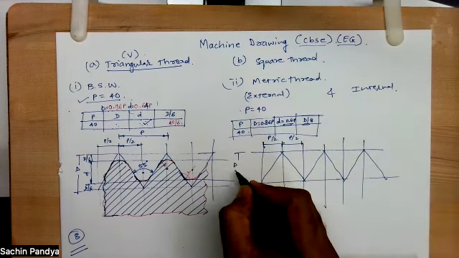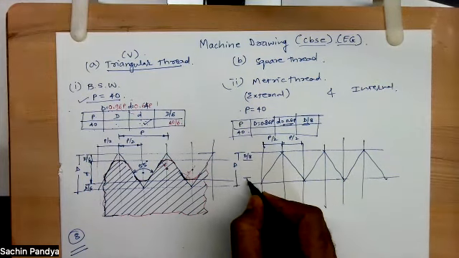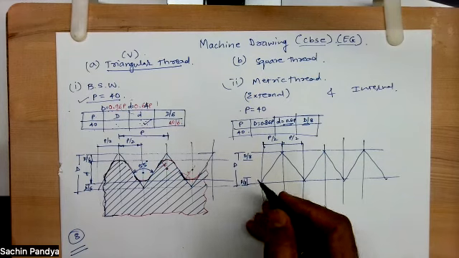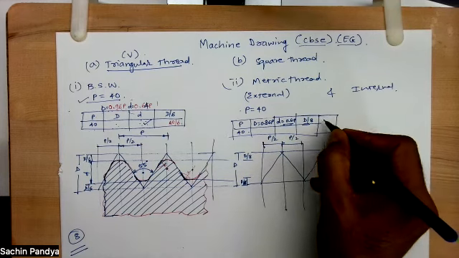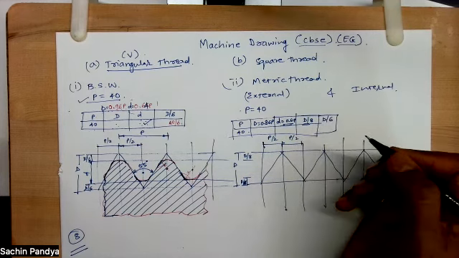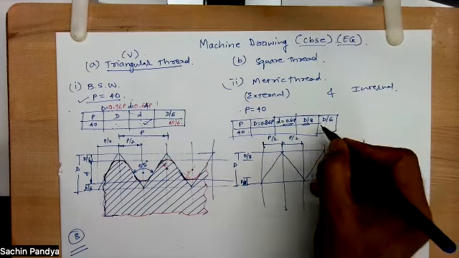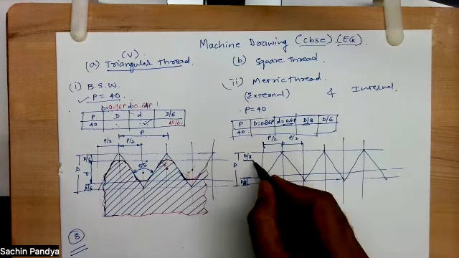This is capital D. Then you take D by 8. Now in this case, the upper one is D by 8, the lower one is D by 6. So we need one more block over here, D by 6 also. One is D by 6, one is D by 8. Remember that. So you take D by 6 down and D by 8 up.